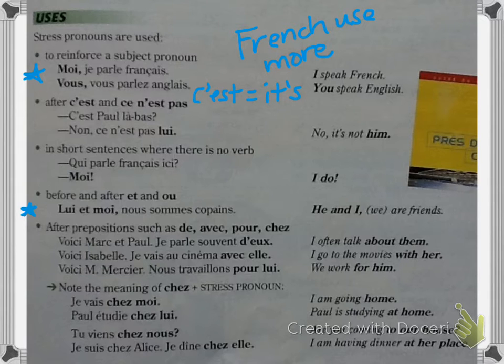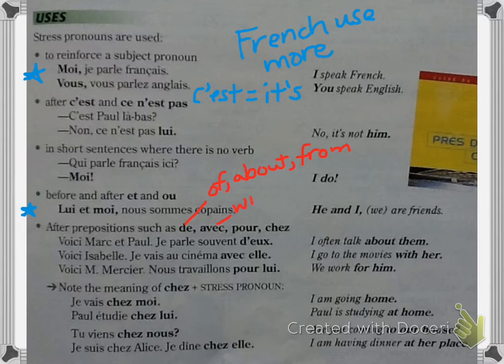Another use for the stress pronouns is after prepositions such as de, avec, pour, and chez. So remember, de means of, about, or from. It's that little word that has a lot of different meanings.